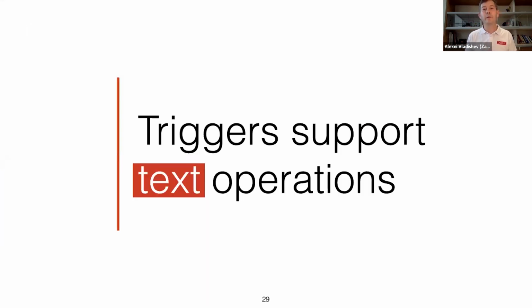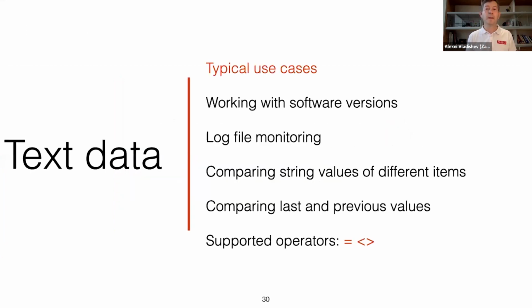Starting from Zabbix 5.0, triggers support operations with text data. So not only with numeric data as we supported before, but also with text data. And this way, we may compare the metric data and use it to monitor, for example, the versions of different software or services. We can do much more advanced log file monitoring.